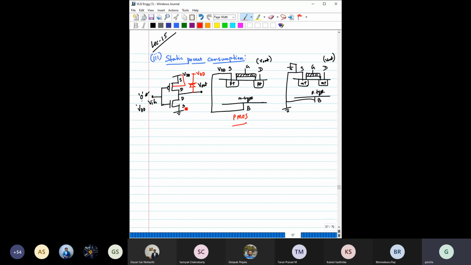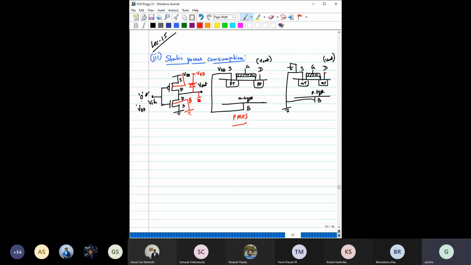Similarly, for the NMOS, the body terminal is also connected to ground, to the source. So it is N type and it is always grounded, and simultaneously P is shorted with this, so P is also grounded. So it is always at zero potential. Now think about a case where this drain terminal, which is basically N plus, is connected with some positive voltage, or this V out is some higher voltage than 0. Then that also makes this PN junction reverse biased.